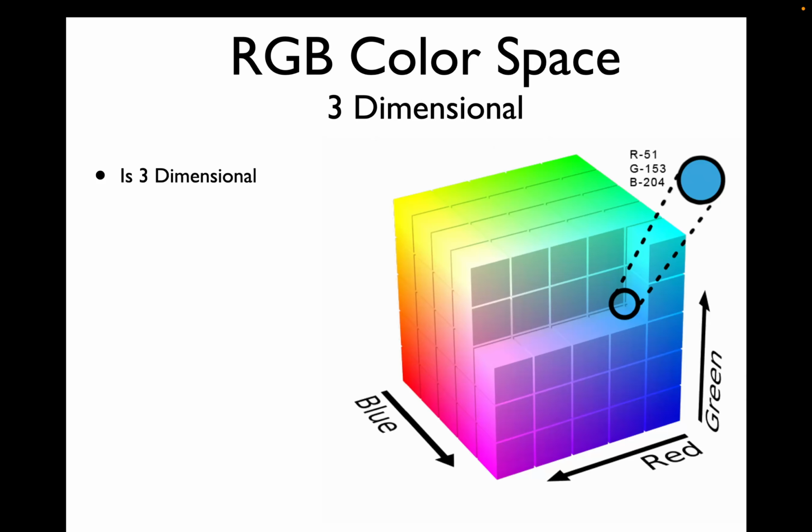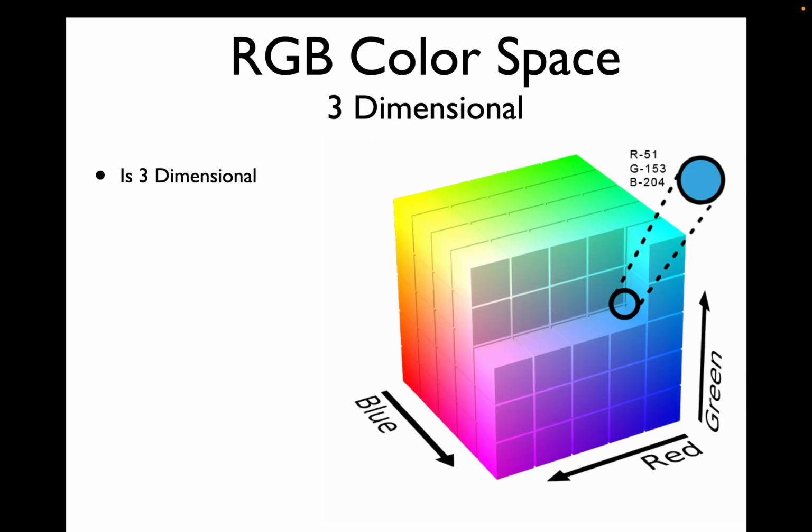But the importance of this is that color is now defined by location in a space. So I'm not looking at you and saying, oh yeah, could you give me that kind of turquoisey teal color? What the fuck is that? Nobody knows what that is, right?